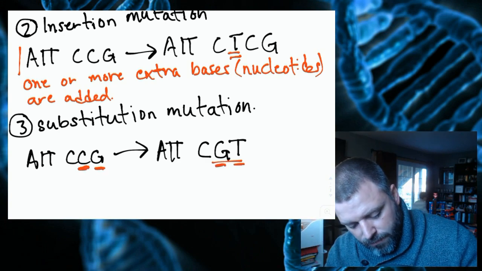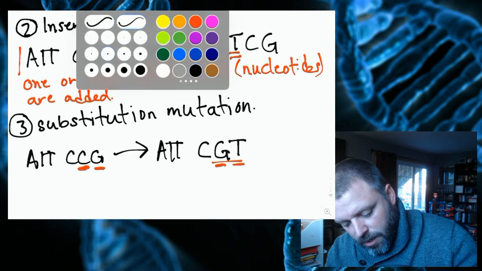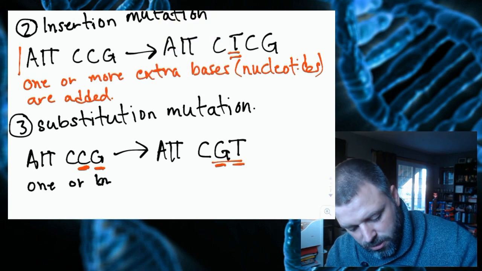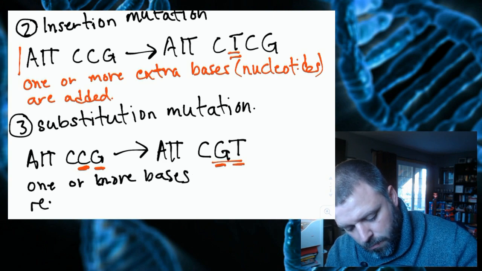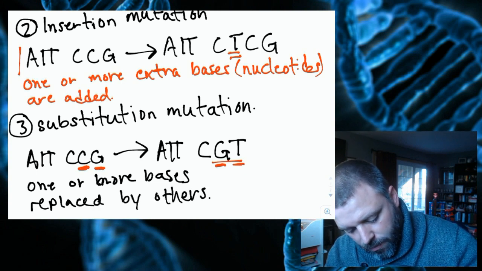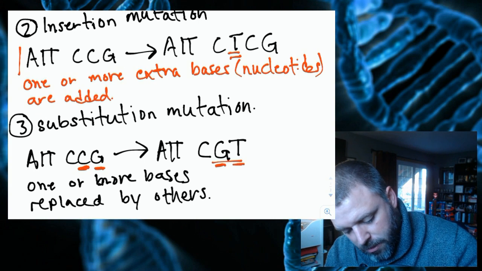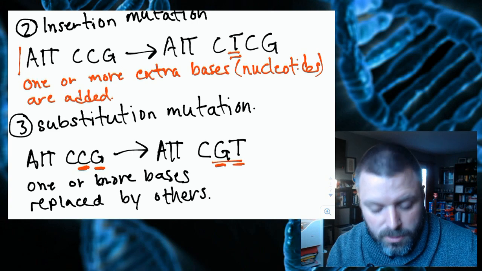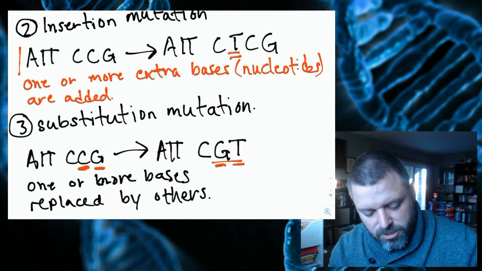Where I used to have a C and a G, I now have a G and a T. And in a substitution mutation, you have one or more bases replaced by others. And when we talk about transcription and translation, we'll see how that affects the overall organism. But what we have here is just a change in the code.